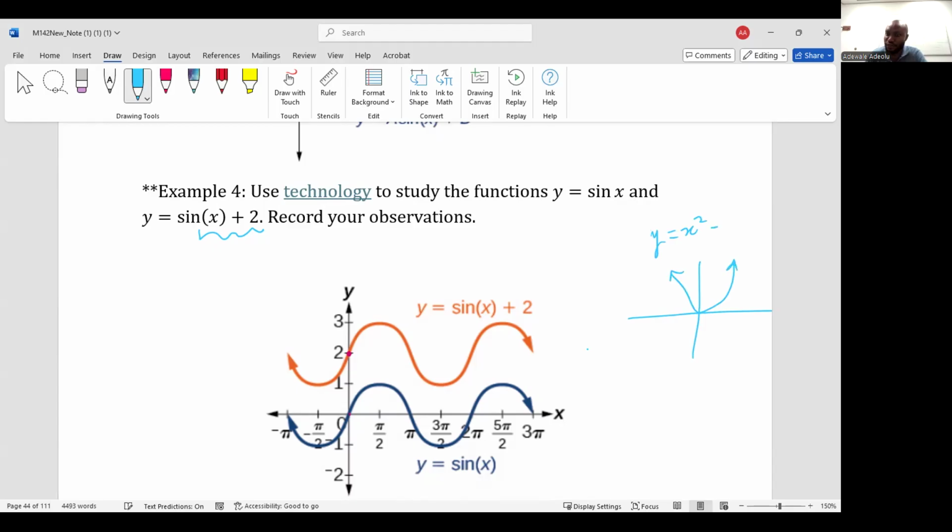And then if you have, let's say, plus 2, then what happens? You have it jump up like this. And if it is maybe minus 2, then you have it behaving this way, right? So it is as simple as what you have learned in the past.